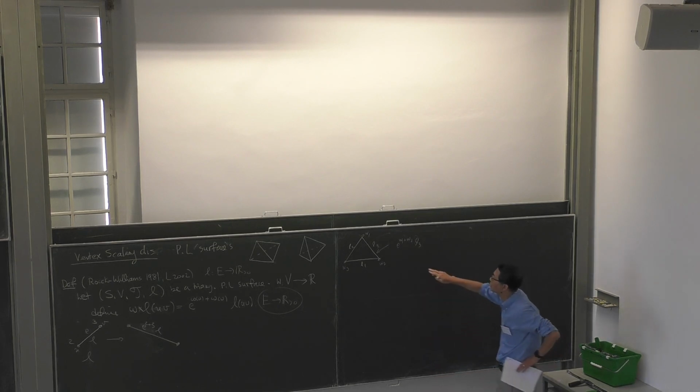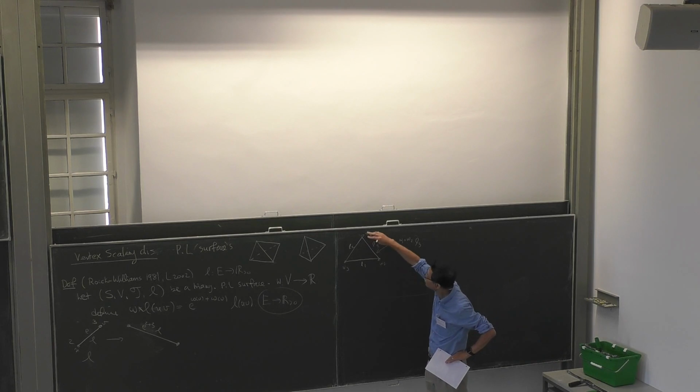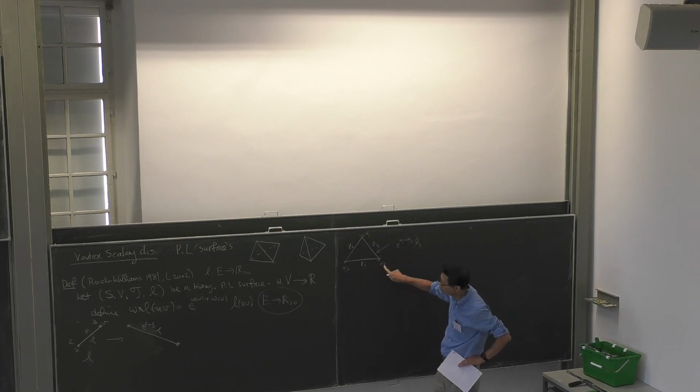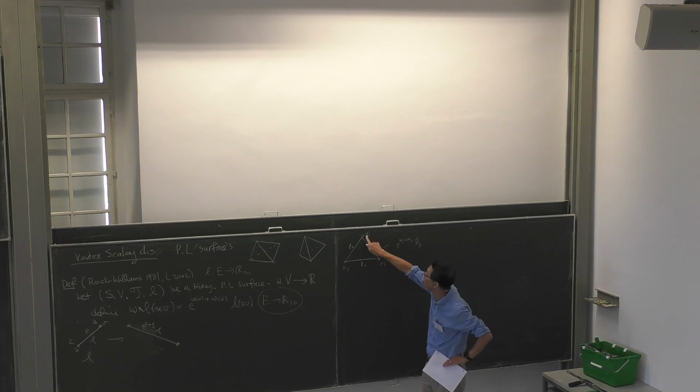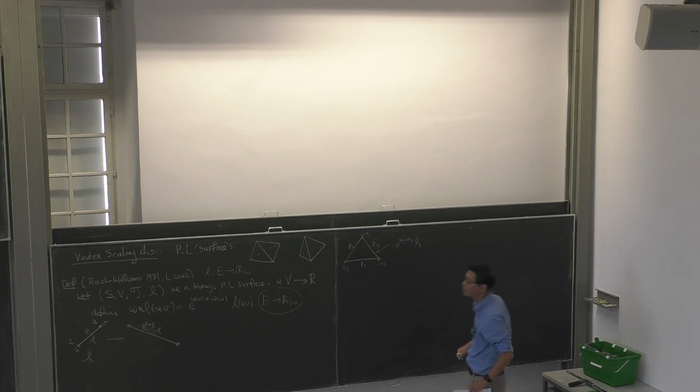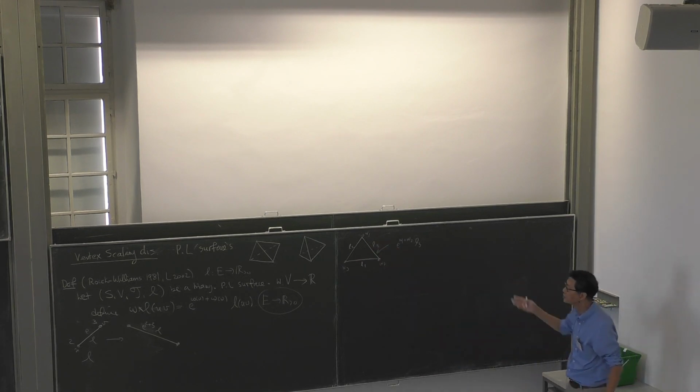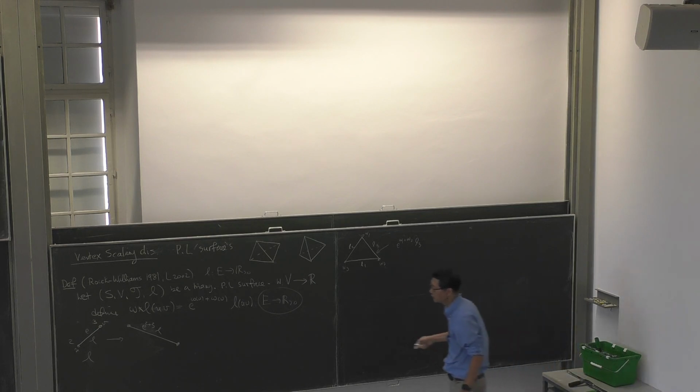And you see immediately this weight may make it really short, right? Suppose W2 and W3 are 0 and W1 is extremely negative, then this length is extremely small, and that will violate the triangle inequality. So this is the real problem for the definition.